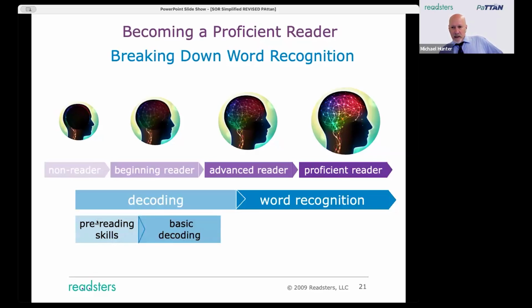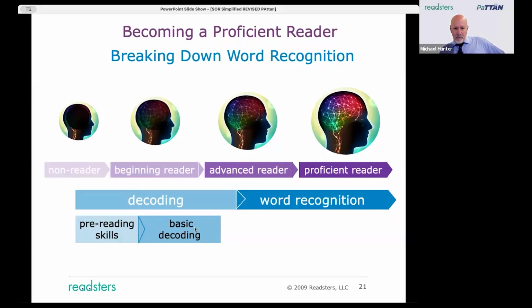Once we have our pre-reading skills in place, and I'm going to define those for you in a moment, then we start learning how to decode. And we do basic decoding. That's typically done with the short vowel pattern, the one vowel not at the end of a syllable that almost always spells the expected short vowel sound, because it's a one-to-one letter-sound correspondence, and it makes it easy to figure out how to turn print into language.